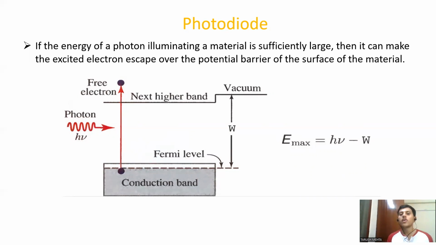However, in a photodiode, we excite the material with light, and we observe that some current is generated. So we can see that whenever the photon energy illuminating a material is sufficiently large, it can make the excited electron escape over the potential barrier of the surface of the material. And this is basically working on the phenomenon of the photoelectric effect.